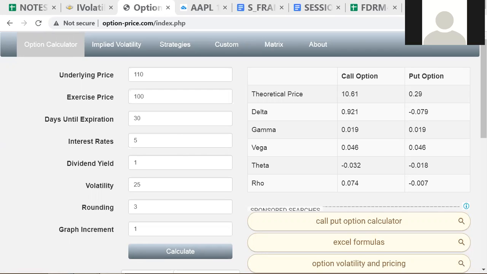Okay. Anybody, let's ask somebody else. 1 minute. Let's ask Gagan. Gagan, what is the intrinsic value of this particular call that you're looking at? I'm talking about the call option, the exercise. You can see everything here.